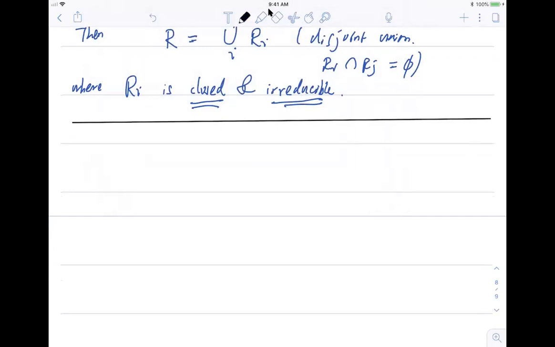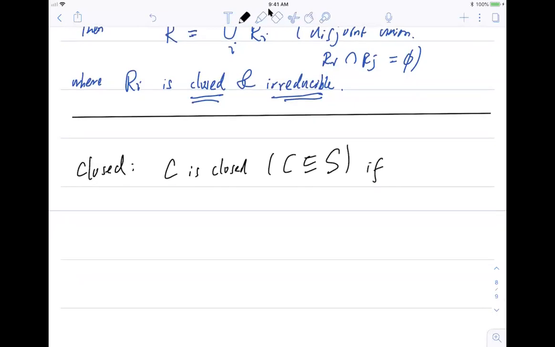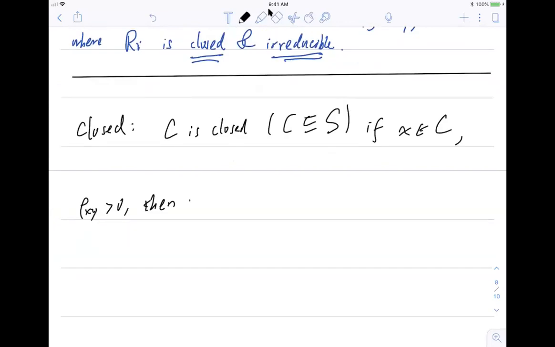Closed is a notion in topology, but let's say C is a set of the state space. C is closed if we choose x from C and rho xy is positive, then y is also in C.